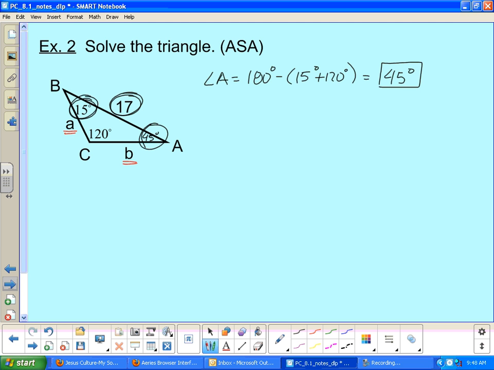Yes, I have to use law of sines. It's not a right triangle. I can't find any information other than using law of sines right now. If we knew law of cosines, we'd need some other information. I don't have enough. But we do know law of sines, so let's set it up.